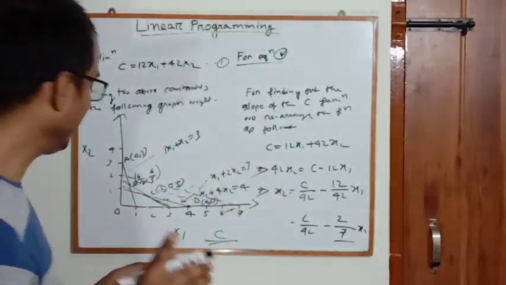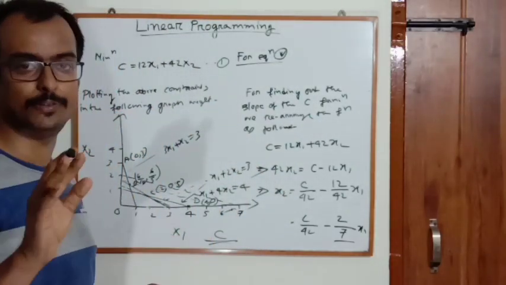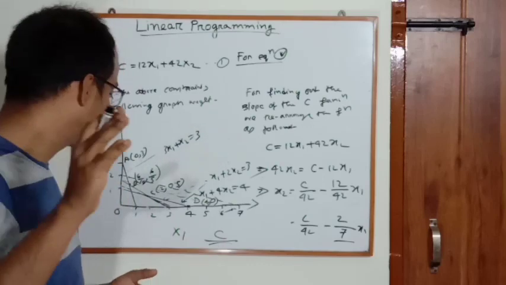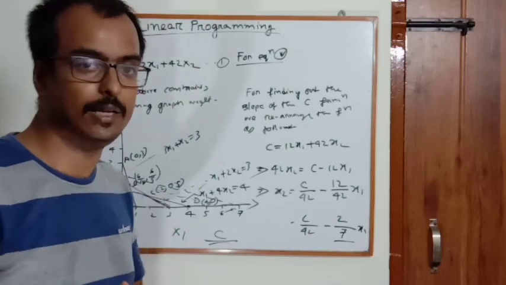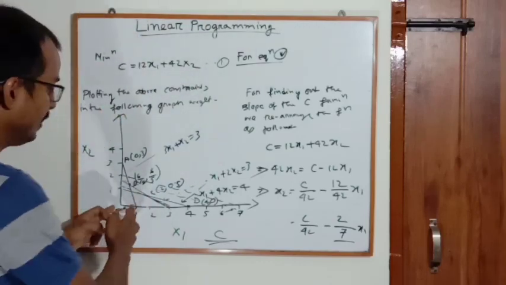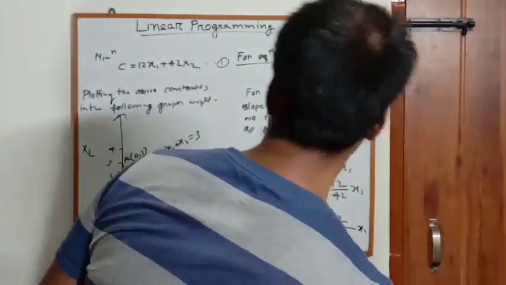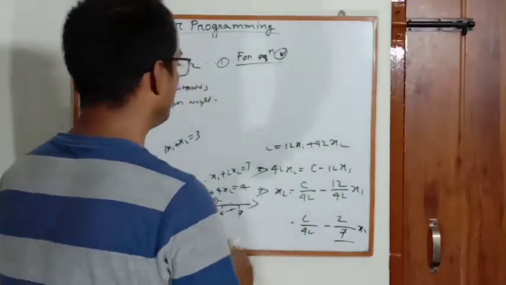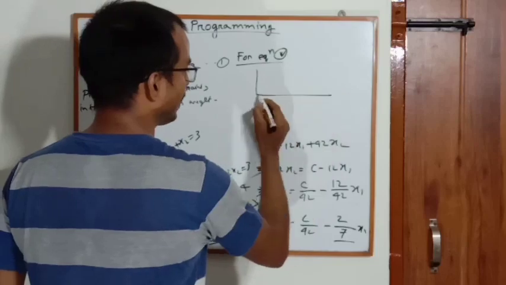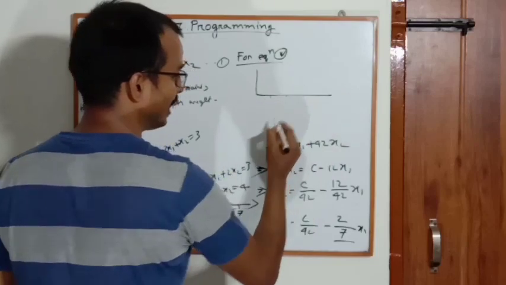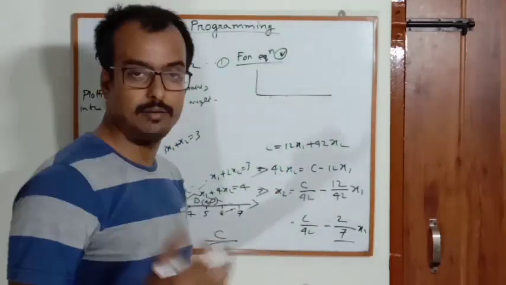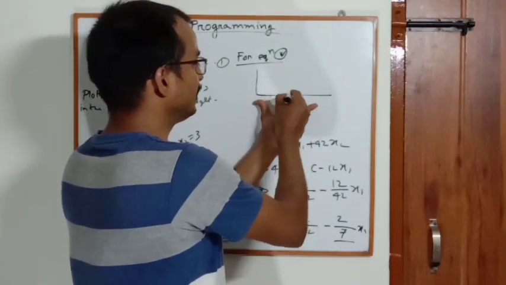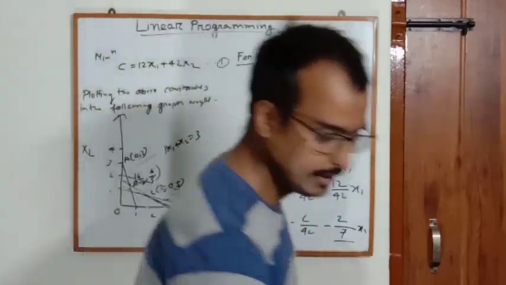Now, one thing I have to mention: because it is lockdown time and some of you may not get graph paper, if you are going to practice in a white copy, don't put the scaling by idea, this is 1, this is 2, not like that. Use your scale here, and with the help of the scale, use these points.